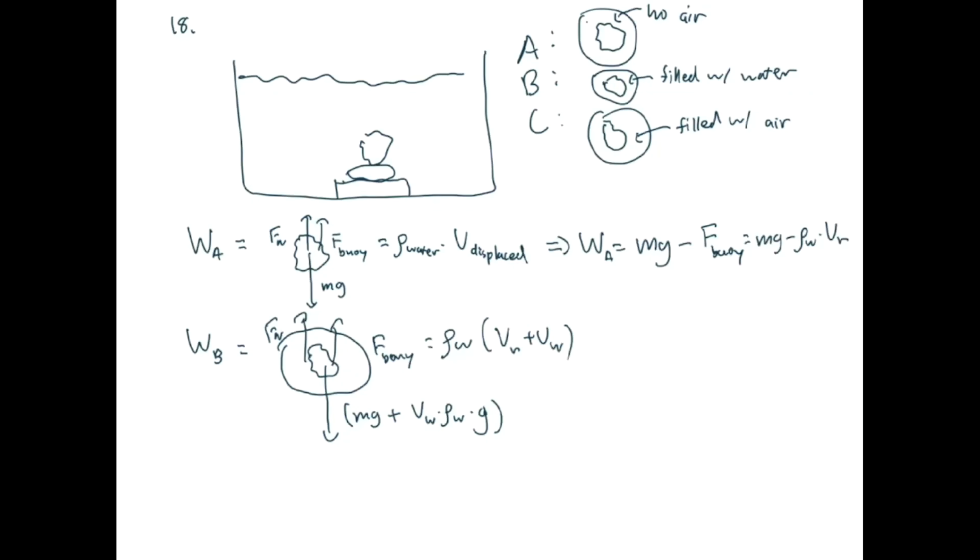But now if we go here, we'll get that the weight of Bob's rock is mg plus the volume of water times the density of water times g. Oh, hold on, there's a g here also that I forgot. The buoyant force is equal to the weight of the water displaced, so this is the mass of the water displaced multiplied by g to get the weight.